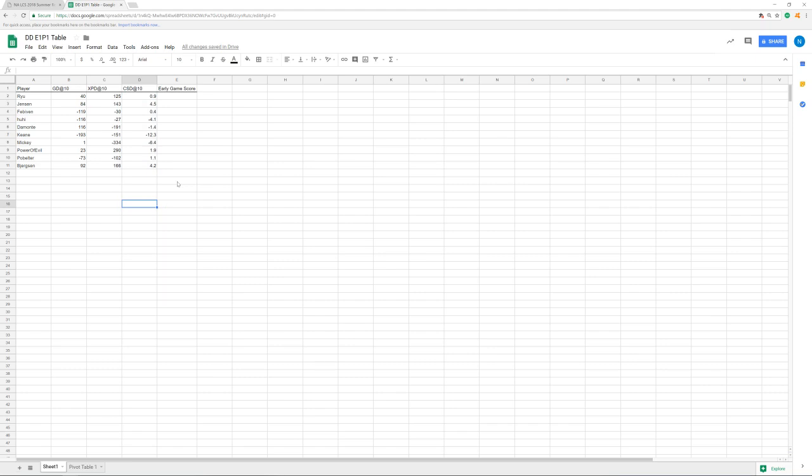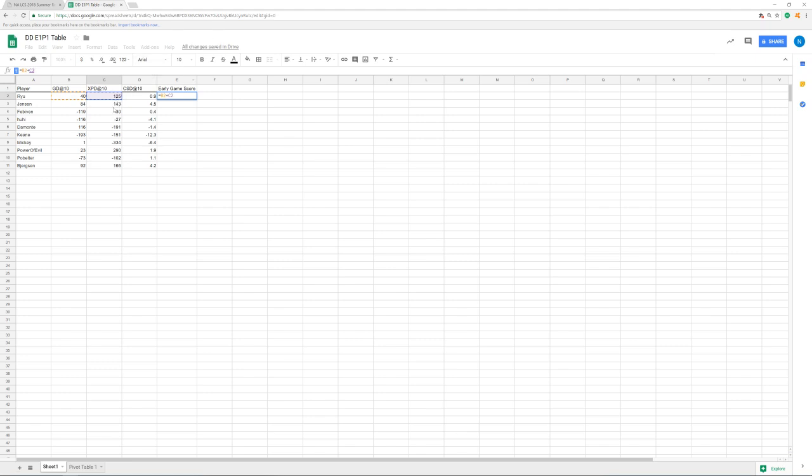Now, let's try to form these numbers into something that represents an early game score. If you look at the general size of each of these numbers, they're relatively similar. However, the CS numbers are quite a bit smaller. So to get them all to have an even effect on the final number, I'm going to take the early game score to be equal to the player's gold differential at 10, plus their XP differential at 10.